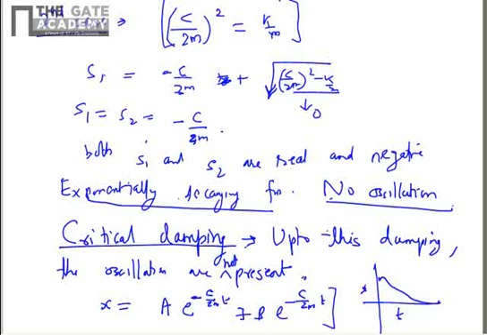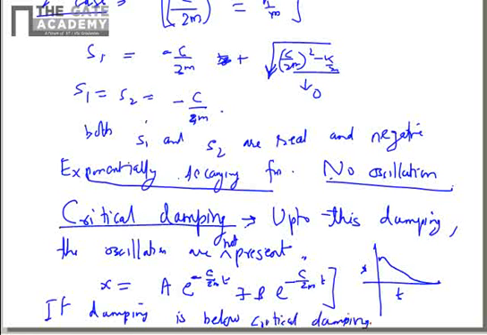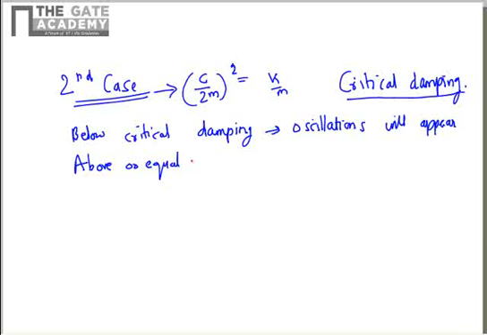Below this value, if the damping is below this value, then oscillation will start to appear. Below critical damping, oscillations will appear. That we will see in the third case. So that's why I wrote down the observations clearly here again.